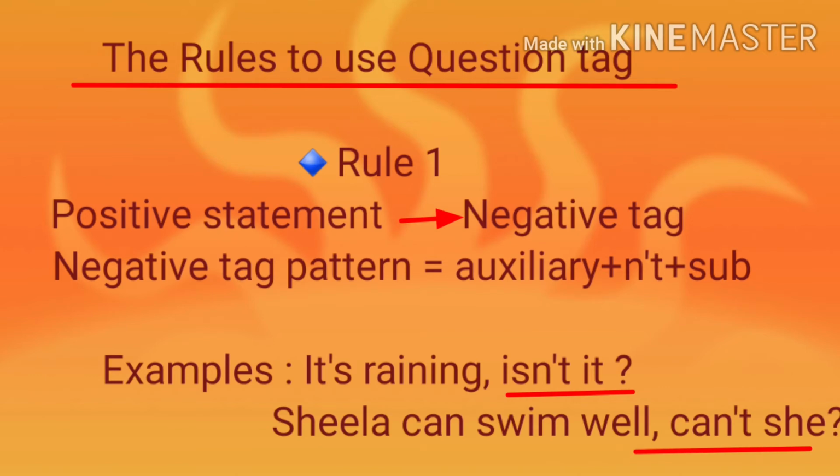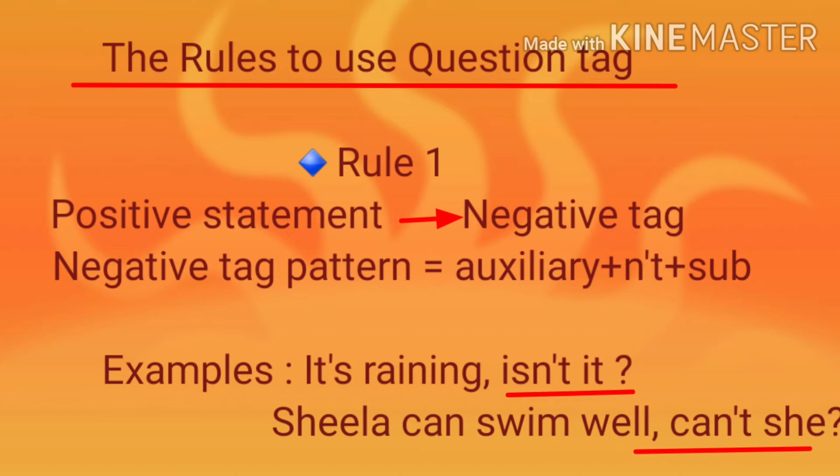Rule 1. If the statement is positive, the question tag should be negative. The pattern followed by a negative question tag is auxiliary plus not plus subject. For example, it's raining. The statement is positive, so the tag should be negative.